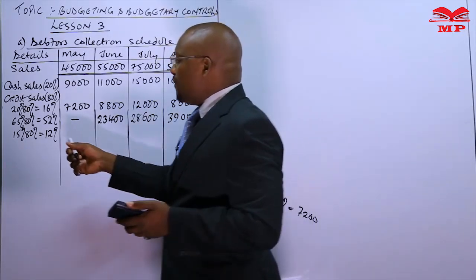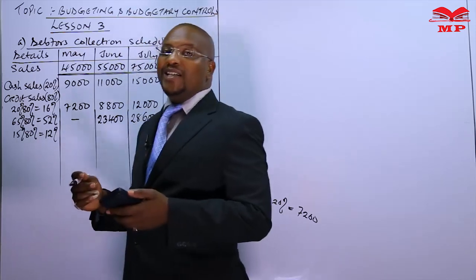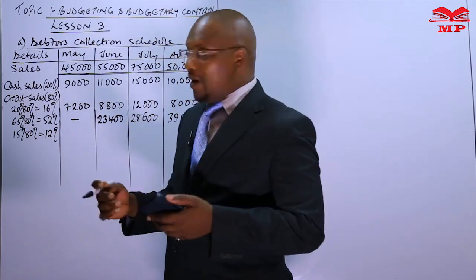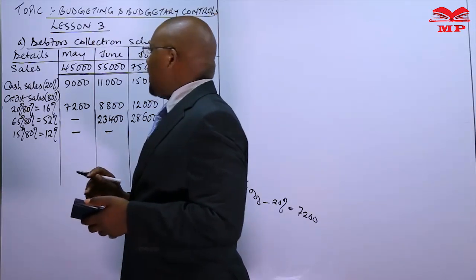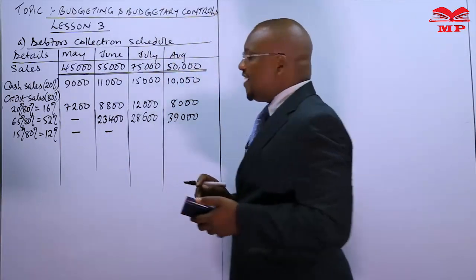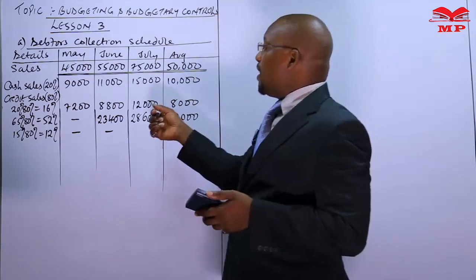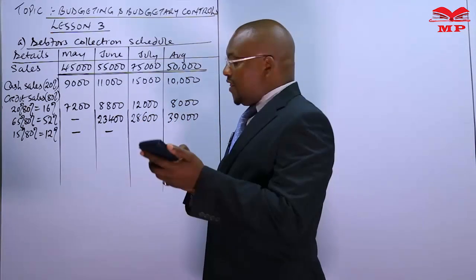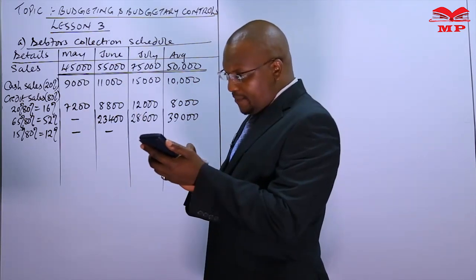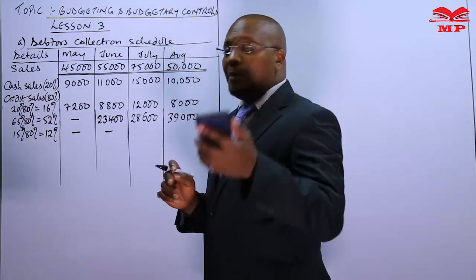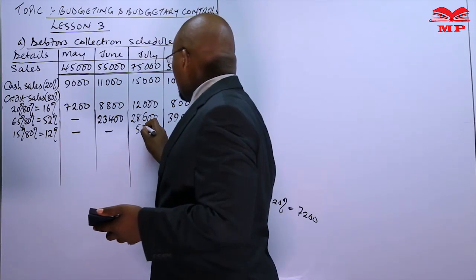Then the 15% you have been told is to be collected 2 months later. Meaning for the month of May, we shall not collect in May, we shall not collect in June. We are going to collect in the month of July. So the 0.12 of 45,000 of the May sales will be collected in July, 5,400.